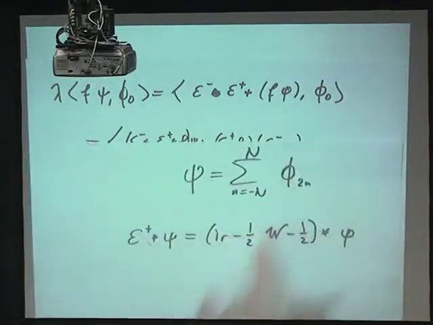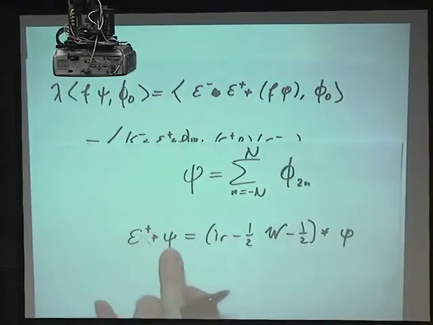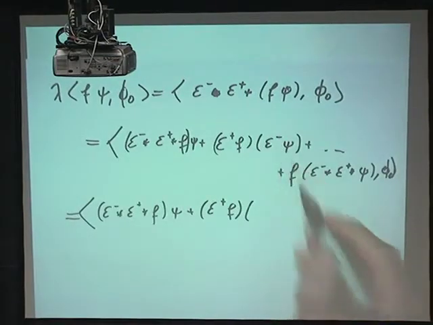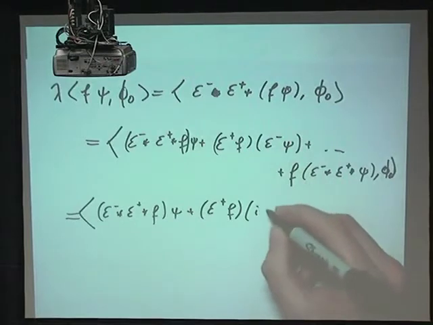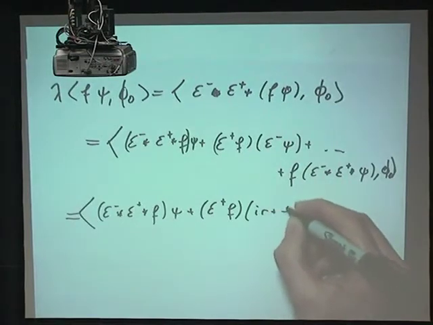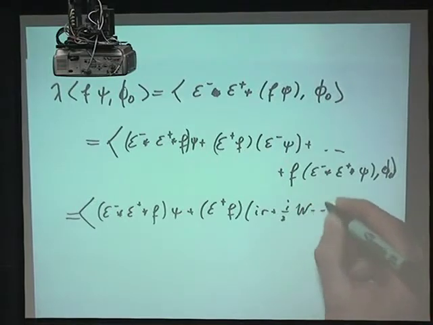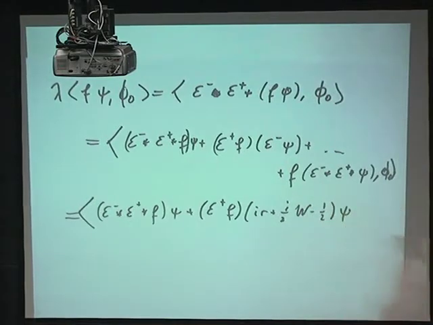Right, the psi is the sum, and the E plus applied to psi has some formula. And when you do this, here there's an E minus, so it's a slightly different formula. When you do this, you get I R plus I over 2W minus 1/2 psi.